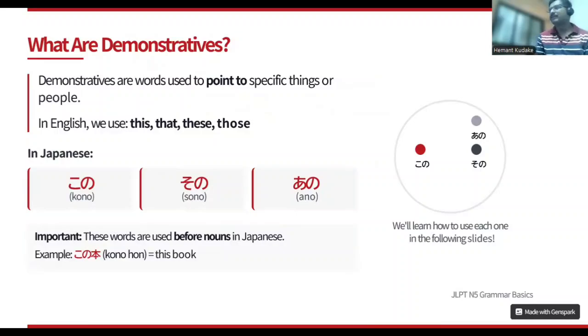If you remember the previous video, kore, sore, are is only used for things. But kono, sono, ano can be used for things as well as people.